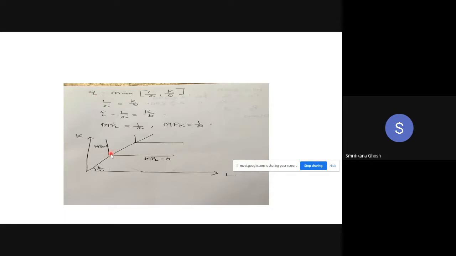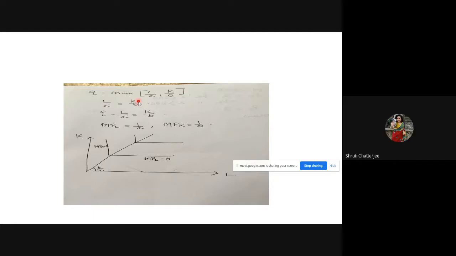Any point in this area, say it is here. We are going to draw the curve. From this point, you are going to employ more and more labor. That means now L by A is greater than K by B. Is it okay?